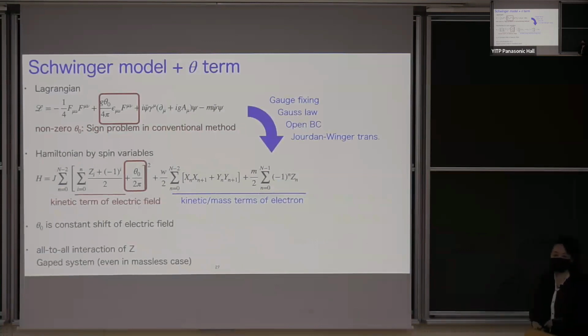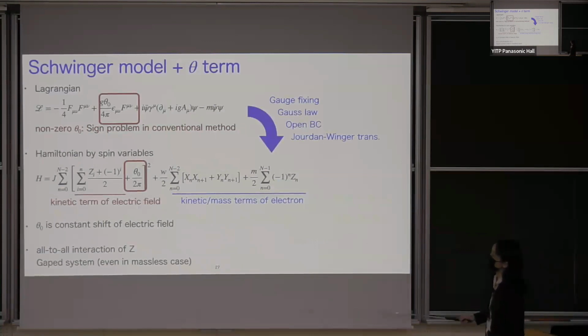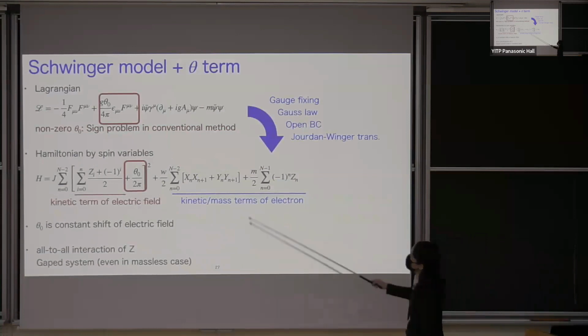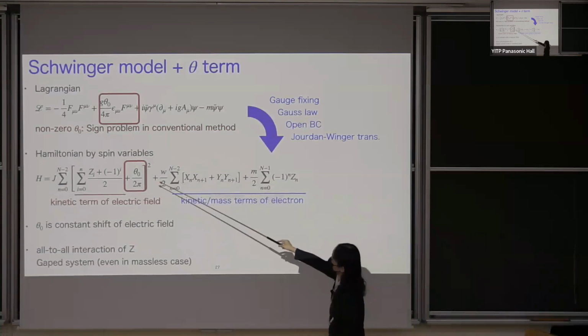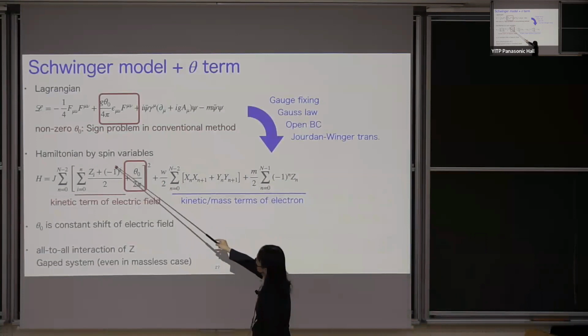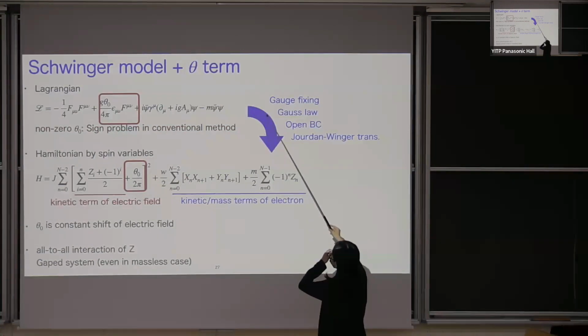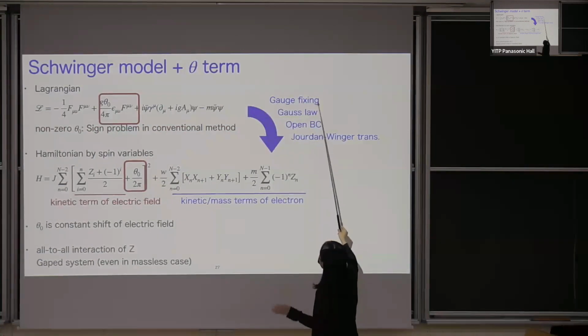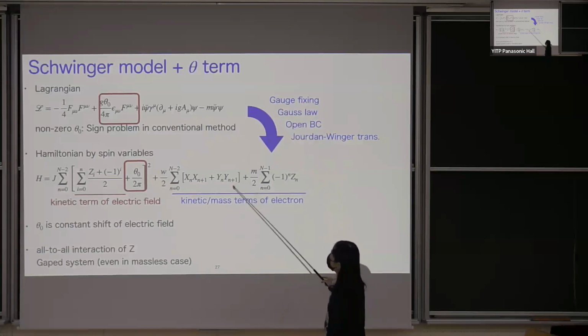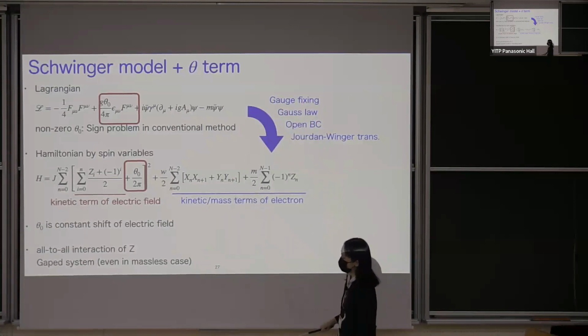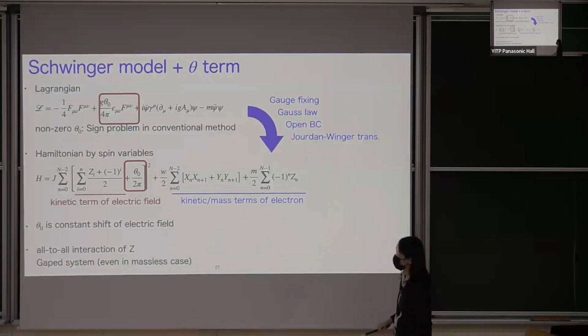Our strategy is to utilize the Hamiltonian formalism. The goal is a Hamiltonian expressed by spin variables. To do that, there are several steps. But anyway, we introduce a gauge fixing, solve the Gauss law constraint, and impose the open boundary condition. Then the Hamiltonian is given by only the fermion field.